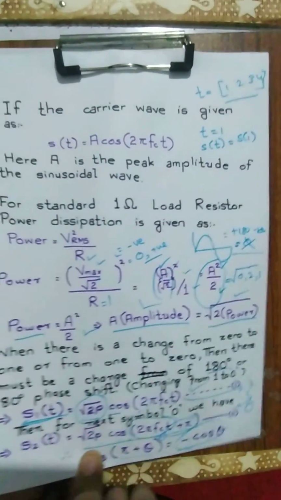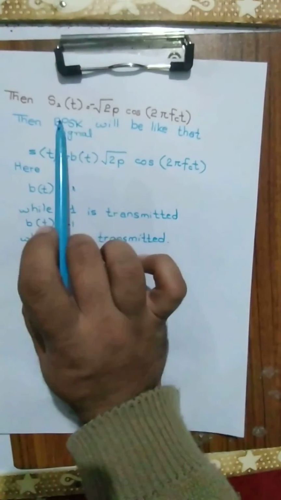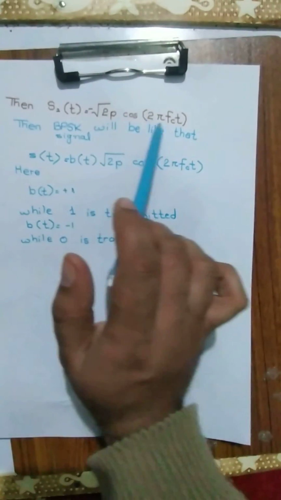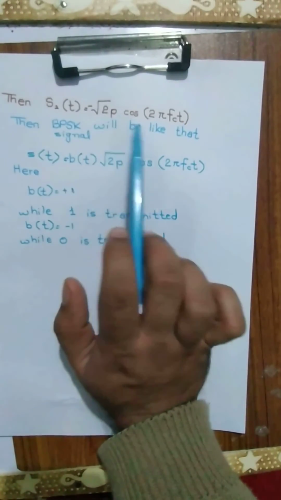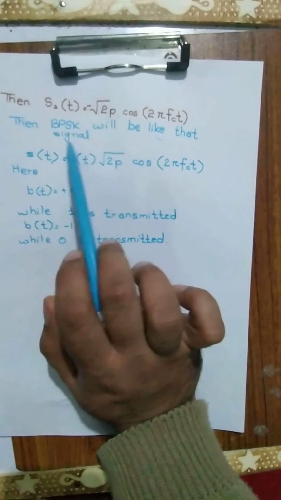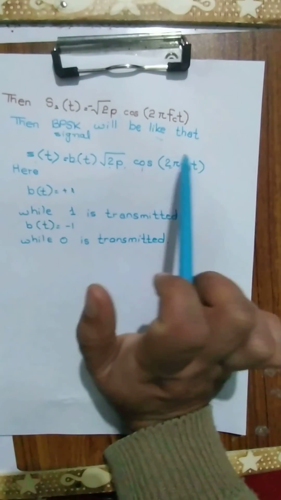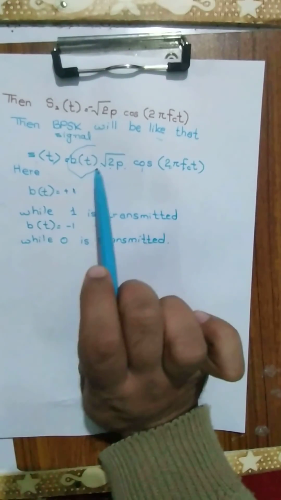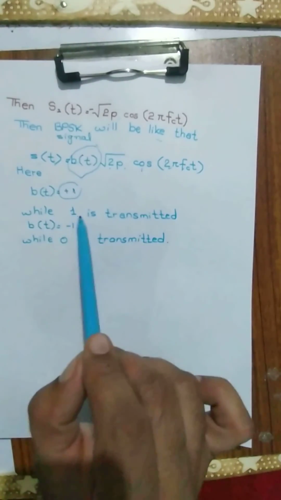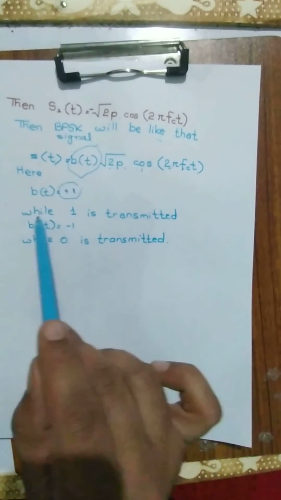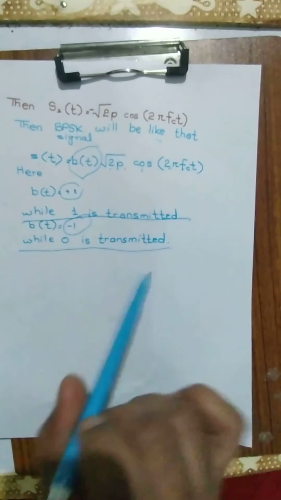Now we have to combine these two equations. Then S2 of t is equal to minus under root 2P cos of 2 pi fct. Then we can say that BPSK will be like that signal, that is S of t is equal to B of t under root 2P cos of 2 pi fct, where B of t is an instantaneous value, and it is plus 1 if 1 is being transmitted, and minus 1 if 0 is being transmitted.